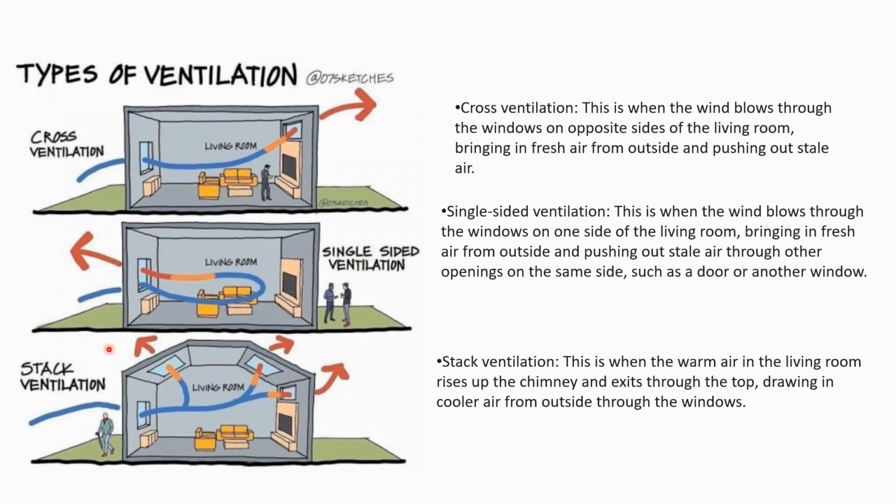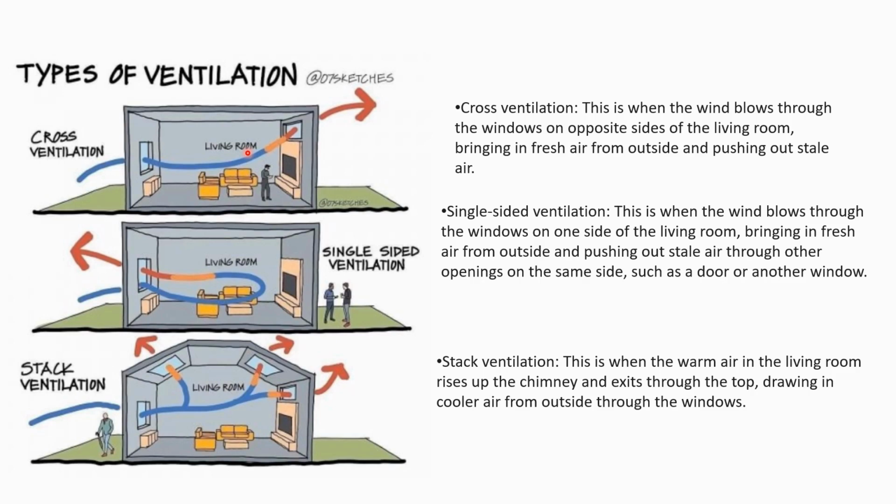The first one is the cross ventilation. This is when the wind blows through the windows on the opposite side of the living room, and as a result, it brings in fresh air from the outside and pushes out the stale air.